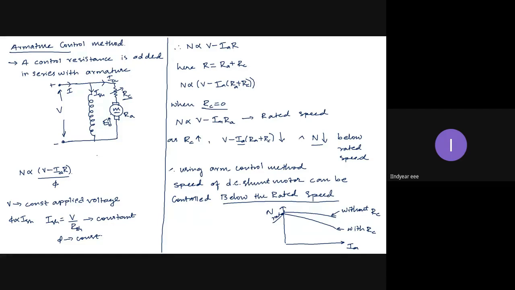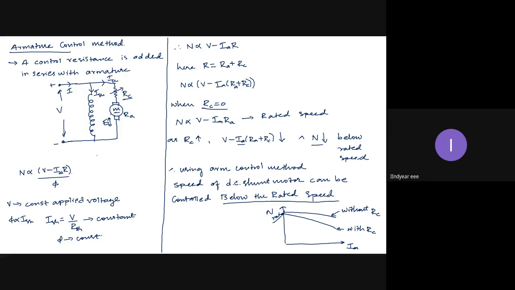So initially, when the control resistance is not effective, the speed is rated. When the control resistance is added, the speed is below the rated value. So with the armature control method, I can control the speed of a DC shunt motor below the rated speed. With flux control, I can control above the rated speed.